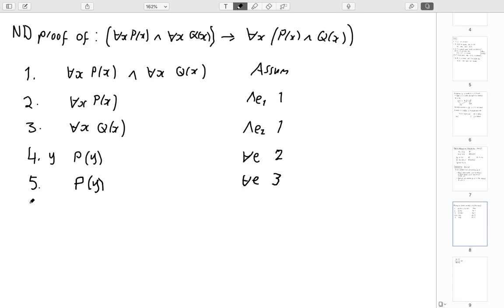And now we're in a good position because now we've derived, oh sorry, this should have been Q of y, because we were eliminating from line 3 of the proof. So let's correct that.